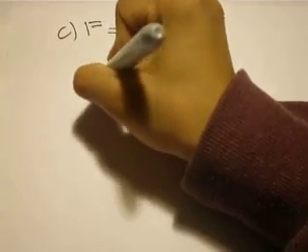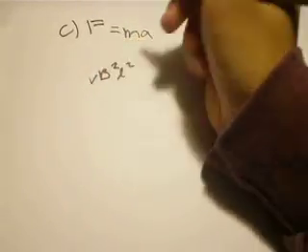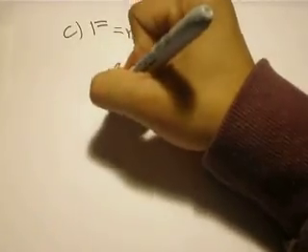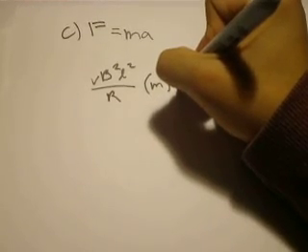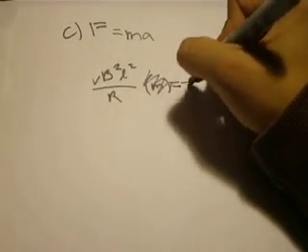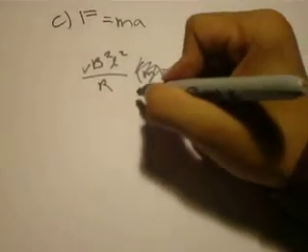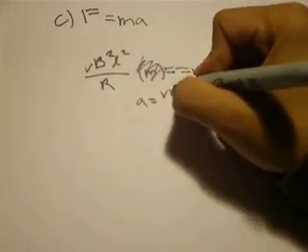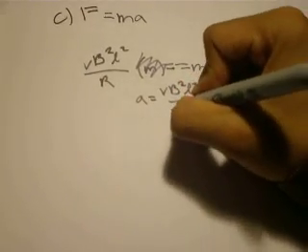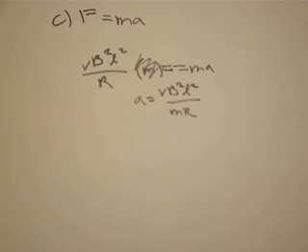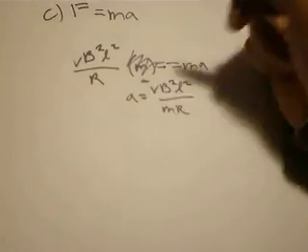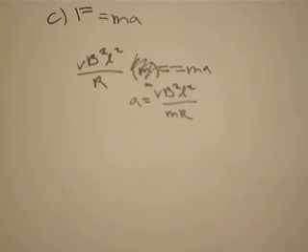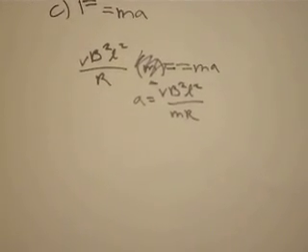So we have F, which is v B squared L squared over R, equals m a. So a equals v B squared L squared over m R. This is also negative from our previous answer, because we need to show that acceleration is opposite to the direction of velocity.